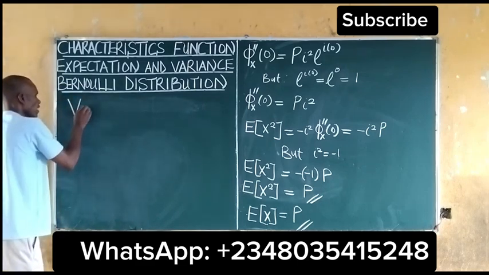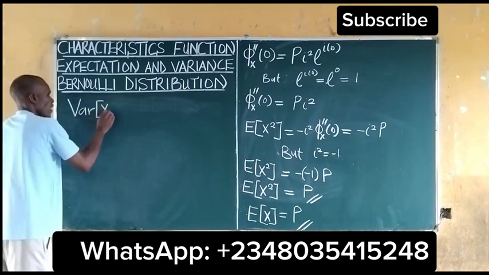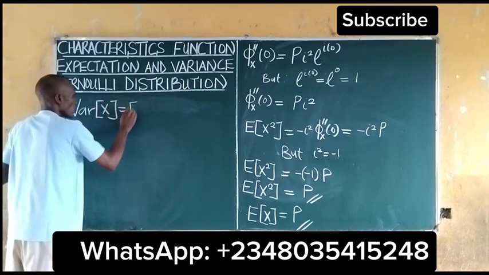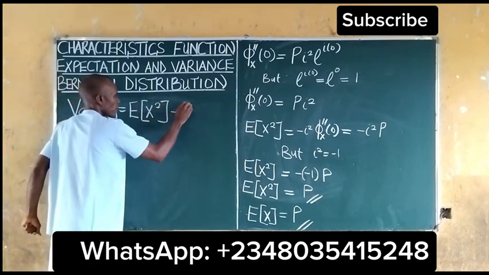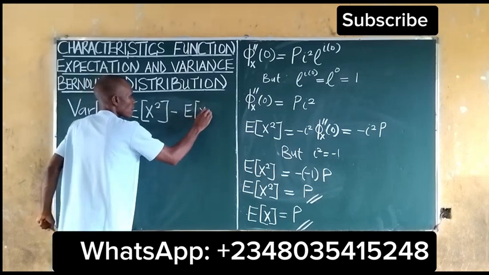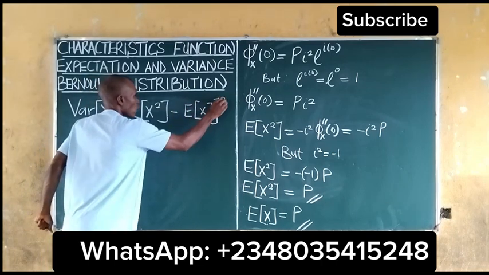We know that the variance of x is equal to the expected value of x squared minus the expected value of x all squared.